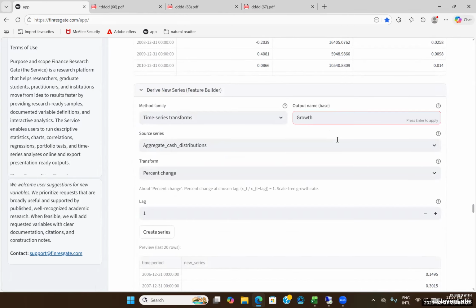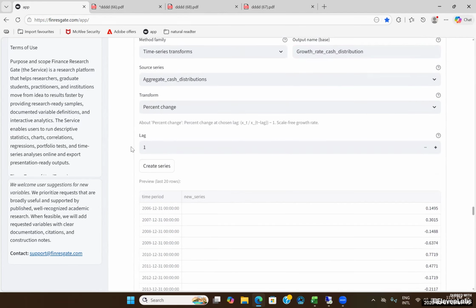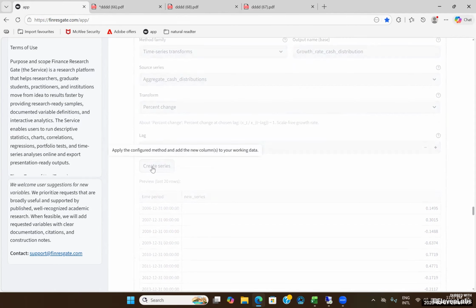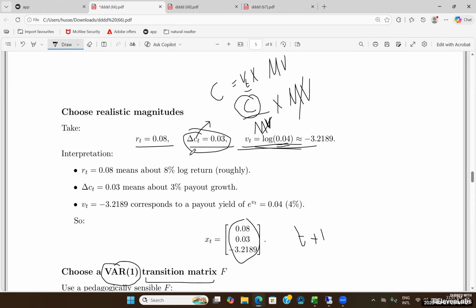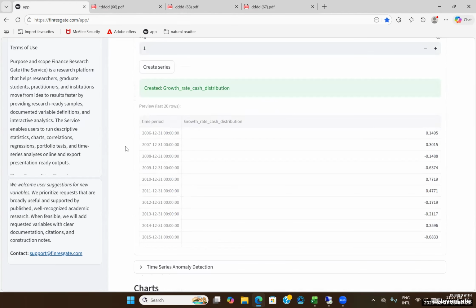And let's call this growth rate cash. And then let's proceed with the creation of the series. Now we have obtained all the necessary variables pertinent to our VAR estimation.